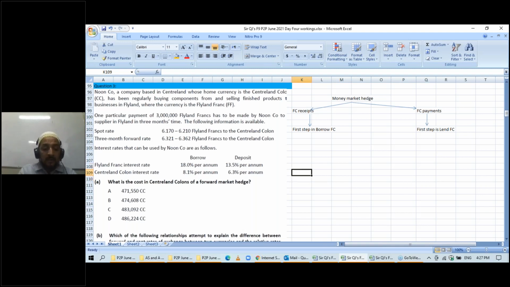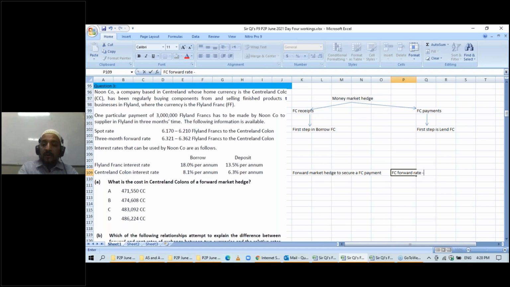So a forward market hedge to secure a foreign currency payment is required. In this case, the forward rate will be used, the lower one. Why the lower rate?